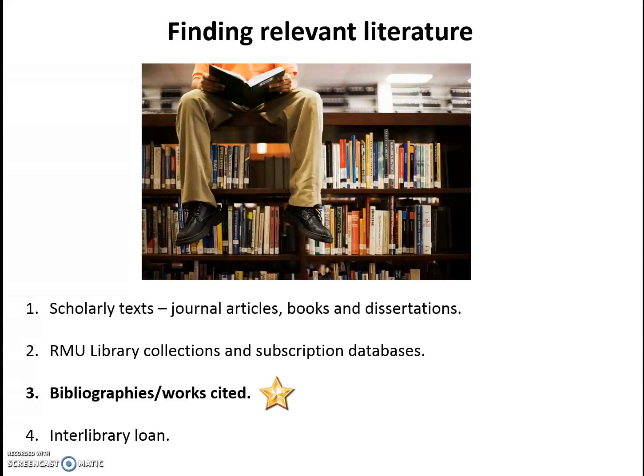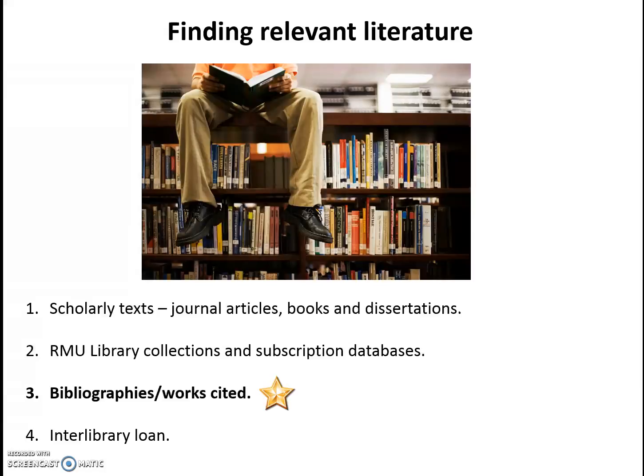Number 3, though, I have starred, because I think this is a very efficient way to find a lot of good data. If you look at the bibliographies and works cited of articles and dissertations that you're finding on your topic, these are going to be the lists of works the authors used when doing their particular study for their literature review. There's no reason that you can't use these too.